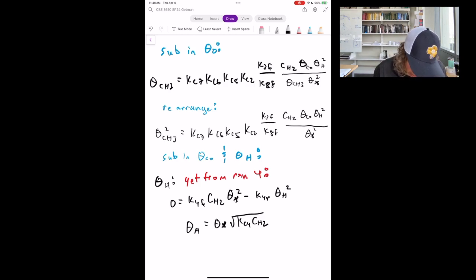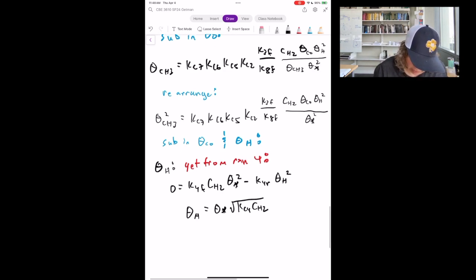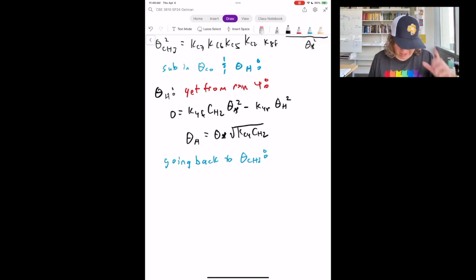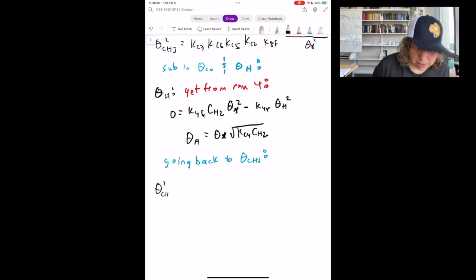So then, going back, we're going to keep working on this expression. There's a joke about I-94 in Michigan. It says, be like I-94 and keep working on yourself, no matter how inconvenient it is for everyone else. Maybe that's the way we feel here about theta CH3. So we're going to sub these in.